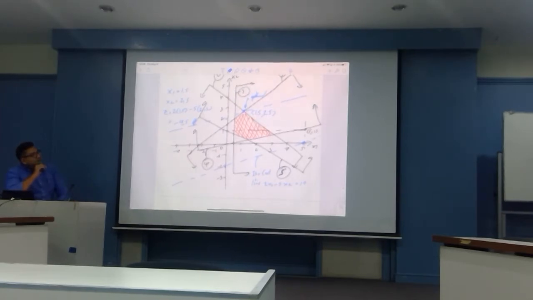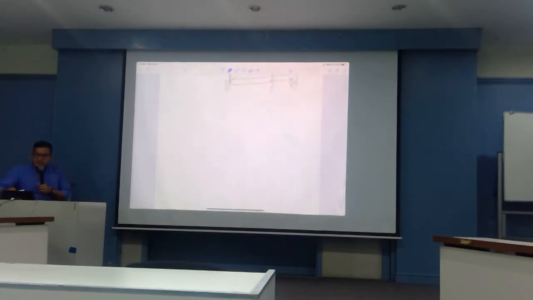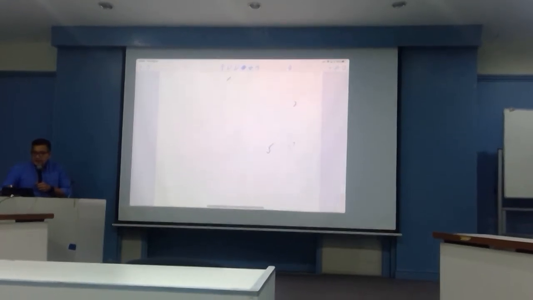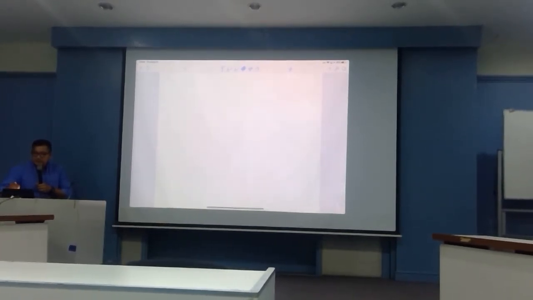Okay, we finished. I believe that some of you might be curious or confused a bit about the objective function line, or the iso cost line. So I am going to explain more. Okay, look at this.